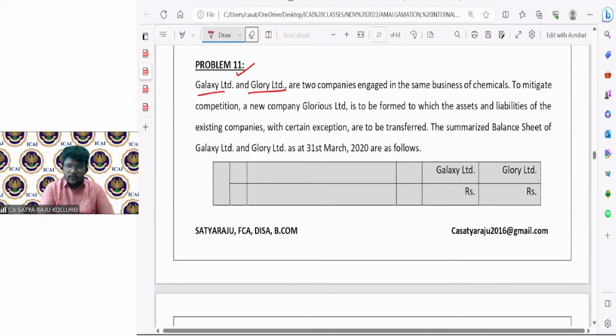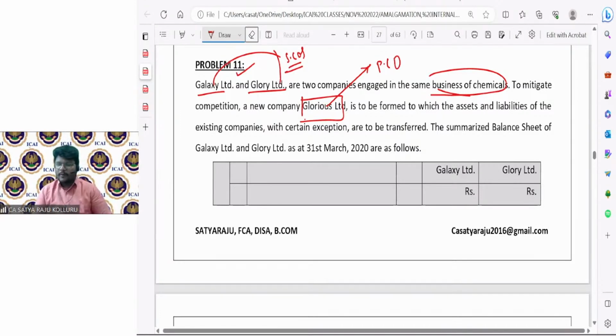Galaxy Limited and Glory Limited are 2 companies engaged in the same business of chemicals. Their business is manufacturing of chemicals. To mitigate the competition, one of the reasons for amalgamation is to avoid competition. So to mitigate the competition, a new company, Glorious Limited, is to be formed. Glorious Limited is the purchasing company, and Galaxy and Glory Limited both are selling companies.